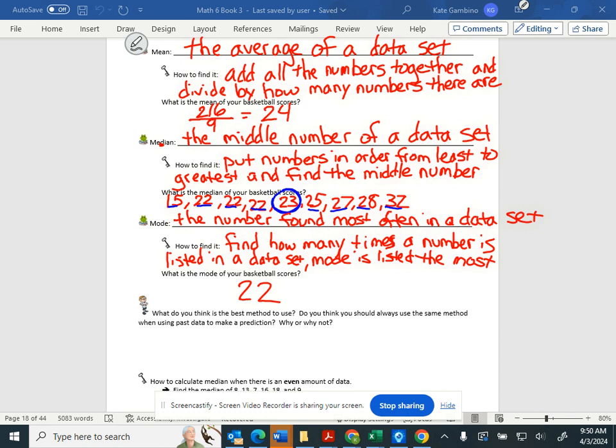Like Zelda said, they're all good. They all serve a purpose, but it's different purposes that they're serving. So it really depends on the question that you are being asked. So it depends on the question as to which one we're going to use.